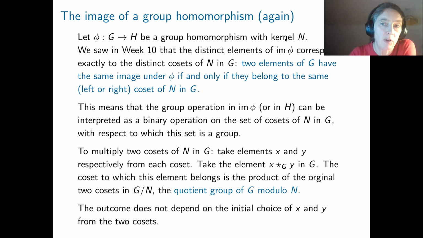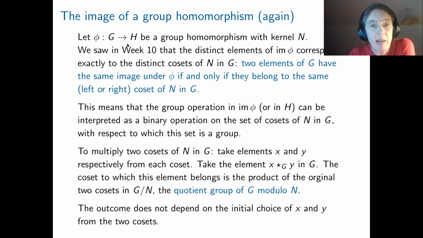The kernel of phi is a normal subgroup of G. That means that its left cosets and its right cosets are the same thing, so we can just talk about cosets. We don't have to distinguish between left cosets and right cosets. Okay, so two elements of G have the same image under phi if and only if they belong to the same coset of N in G. And that means they have different images if and only if they belong to different cosets of the kernel.